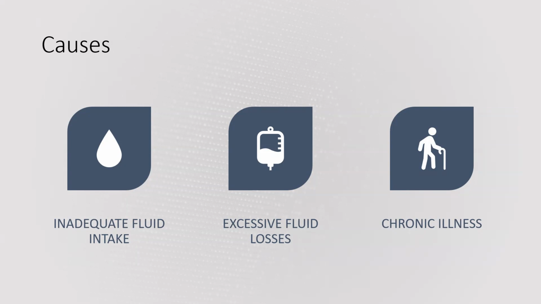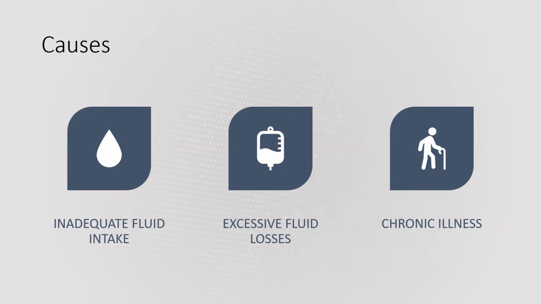Now, let's move on to hypertonic dehydration. This is when there is an increased fluid loss, such as in excessive perspiration, hyperventilation, ketoacidosis, prolonged fevers, diarrhea, early stage kidney disease, and diabetes insipidus.